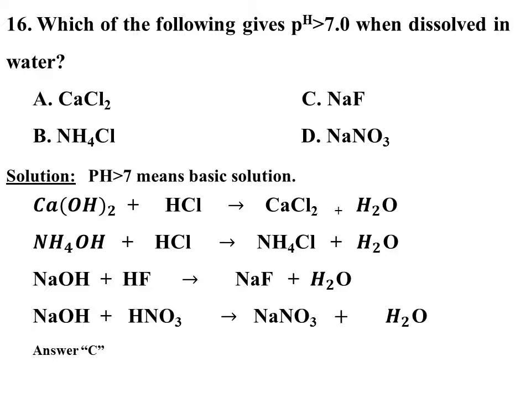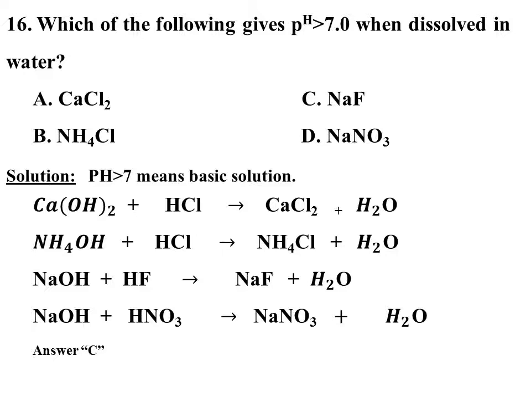C, sodium fluoride. Sodium fluoride is the salt of sodium hydroxide and hydrogen fluoride. Sodium hydroxide is a strong base and hydrogen fluoride is a weak acid. Therefore, the salt of a strong base and a weak acid gives a basic solution, and the pH value is greater than 7.